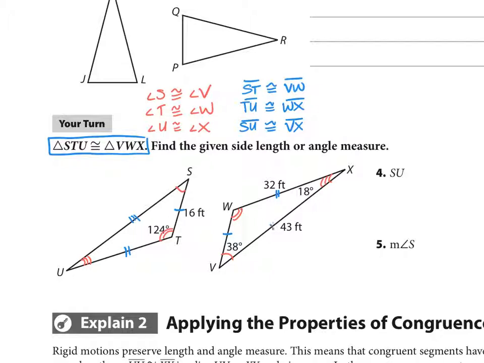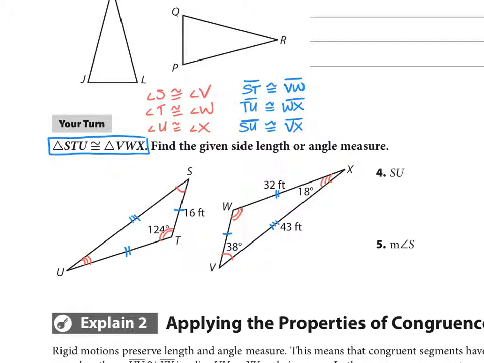I'll mark that with three little hash marks. Okay, so those are all the corresponding parts. And remember, we know those angles and sides are congruent because of this. Remember that the CPCFC means that if we know this, then we know this.